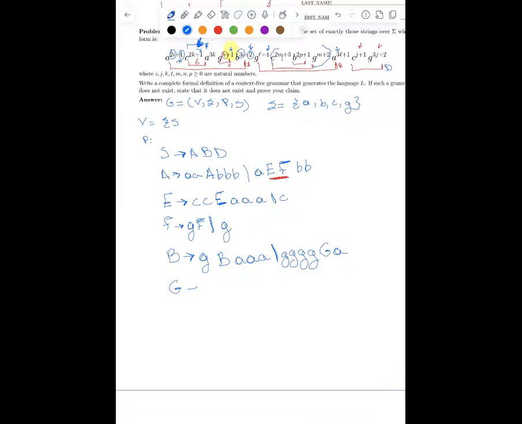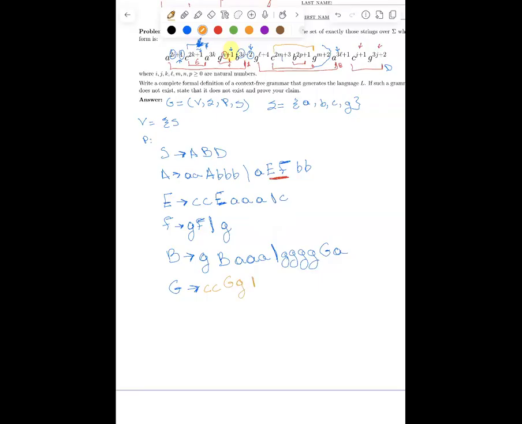Then we are moving on with the G, which is this part, this section over here. And I will see that I have two C's first. Then I'm using the capital G because we are still inside the G. And then I have only one G.